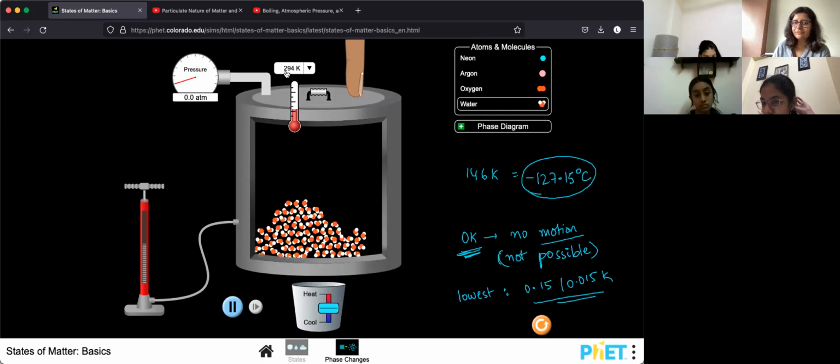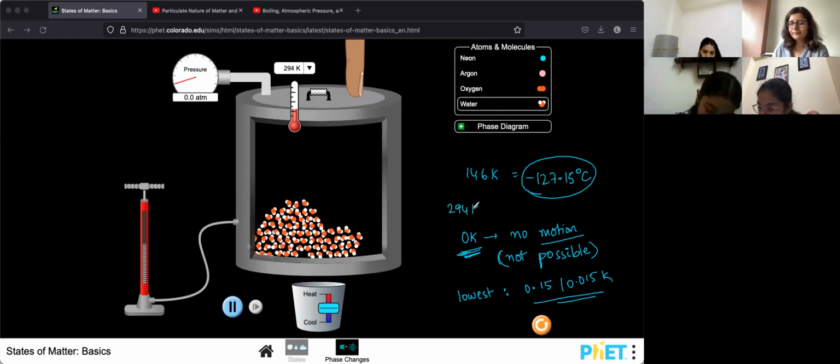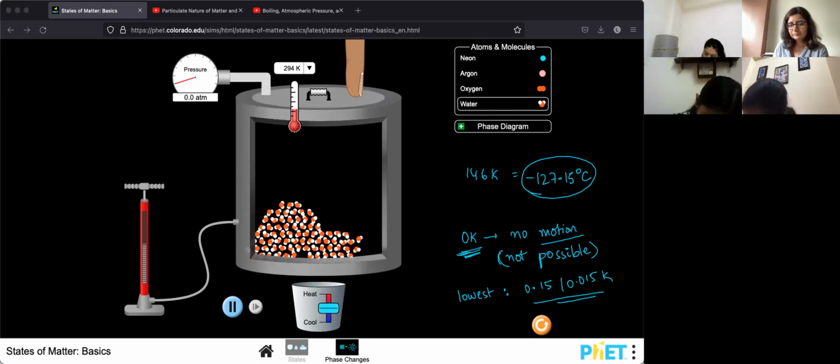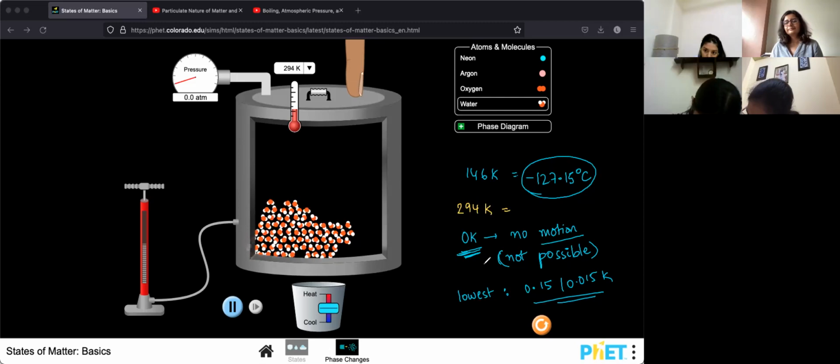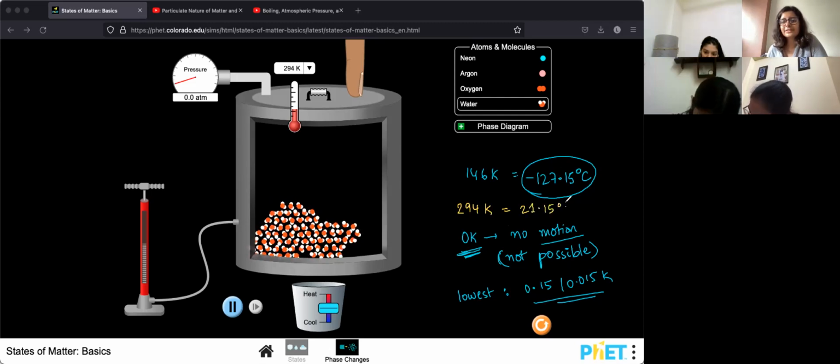it's come to 294 Kelvin. 294 Kelvin मतलब Celsius में कितना है? Like, what has this become now? Yes, 21.15. 20 कितना? 1.15. 21.15 degrees Celsius.